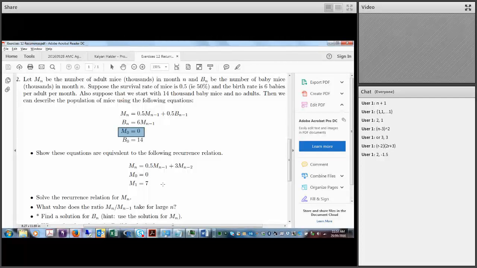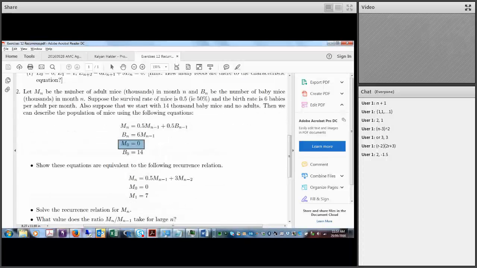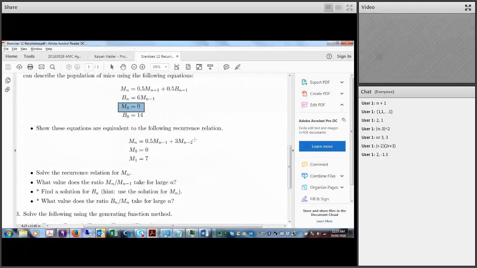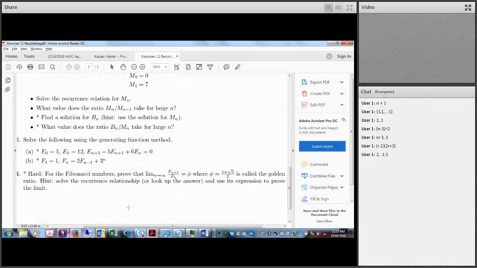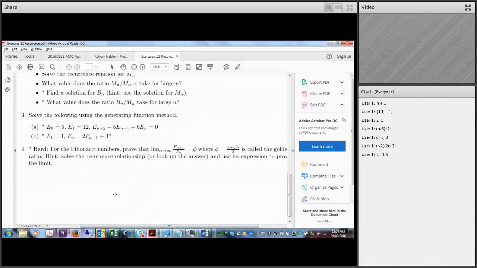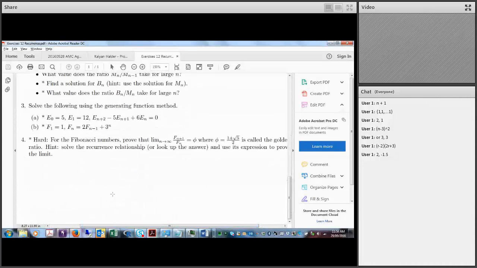So I'll put it another way. About 75% of the population of these mice are babies and 25% are adults. So a heavily juvenile population. And again, it's a made-up situation.